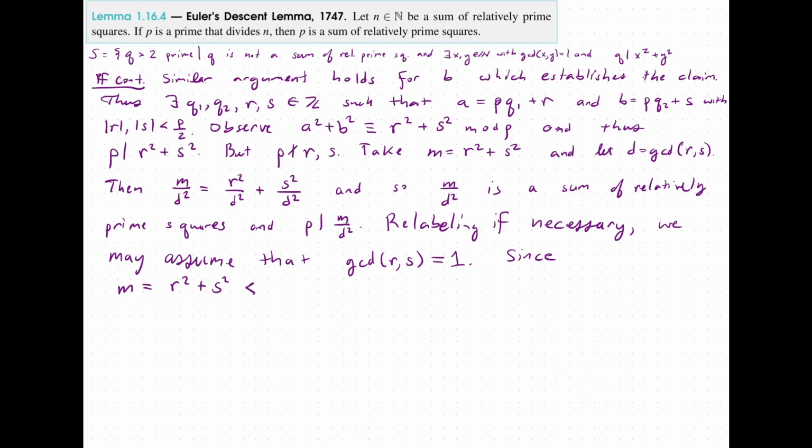But now R is less than P over 2, so because this is R squared, it will be less than P squared over 4. And then for S, S squared is also less than P squared over 4. So adding that together, we get P squared over 2. And so we have that M is strictly less than P squared over 2.